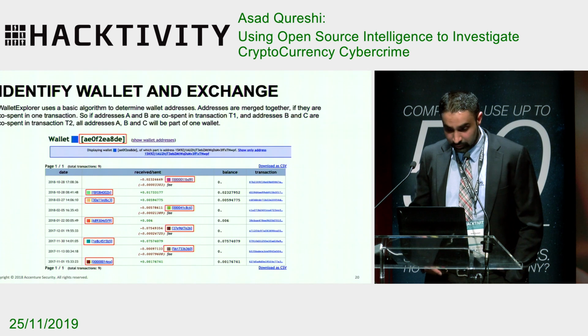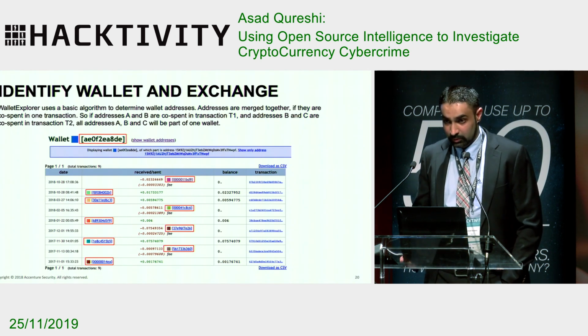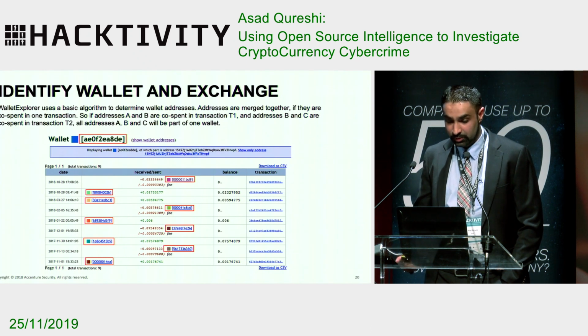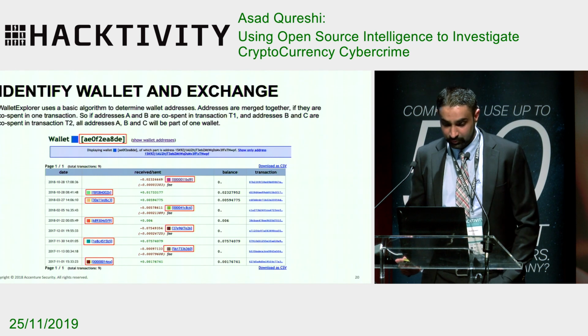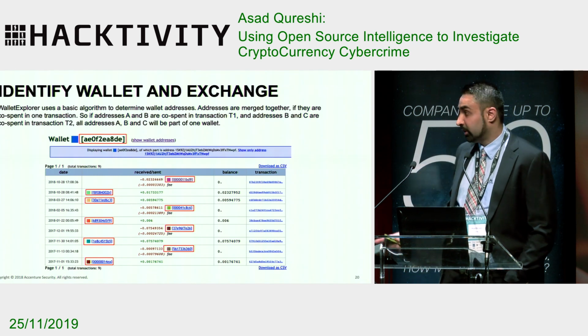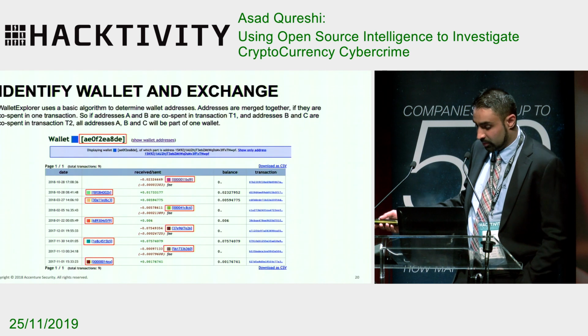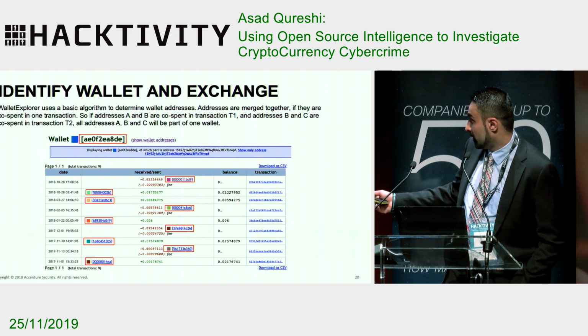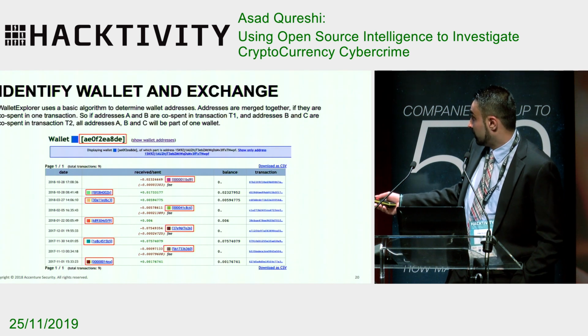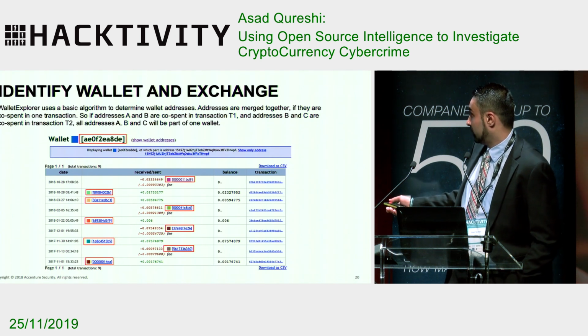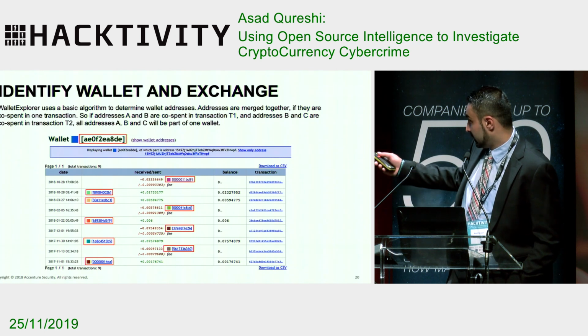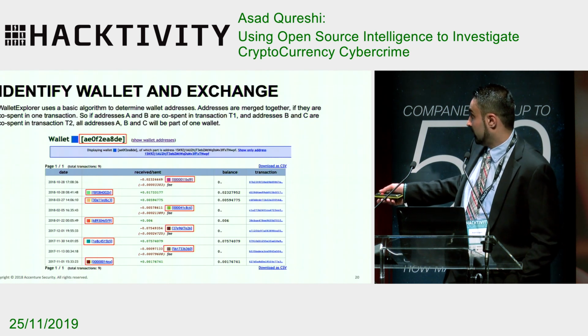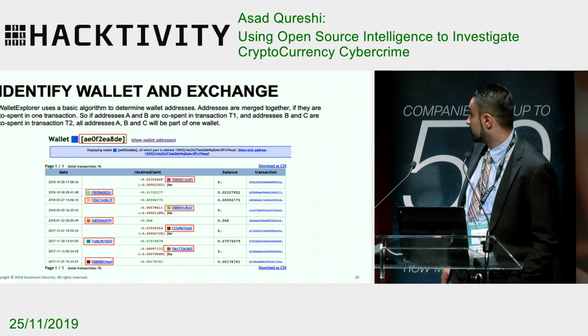So if we have an address, we can know if it has been spent in another transaction or not. It will link possible transactions together. That means two transactions or addresses could be part of the same wallet.